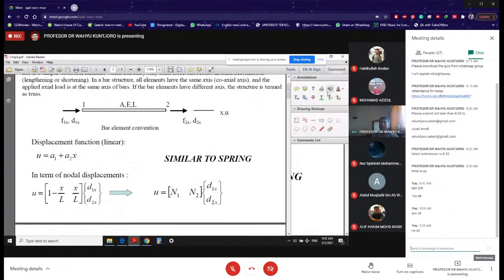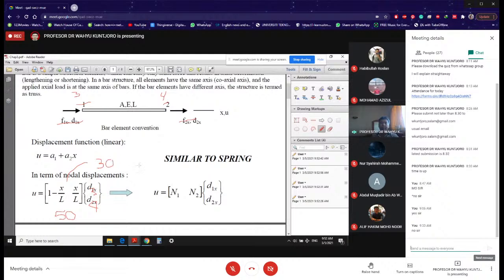In this case, we are talking about node 3 and node 4, and all the forces and displacements relate to node 3 and node 4. So it is going to be d3x and d4x. L in our case is going to be 50, and x in our case is going to be 30.